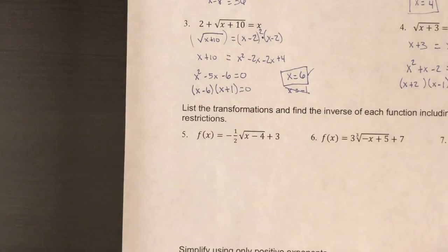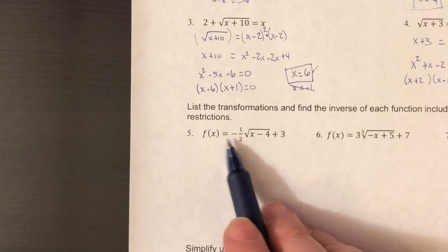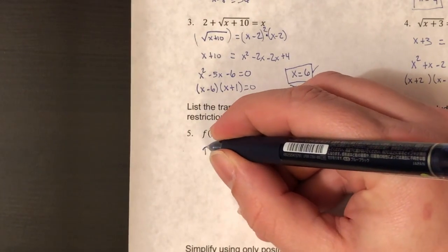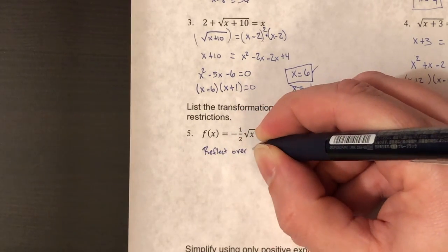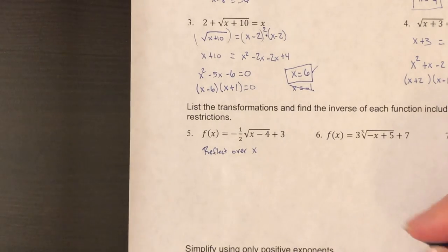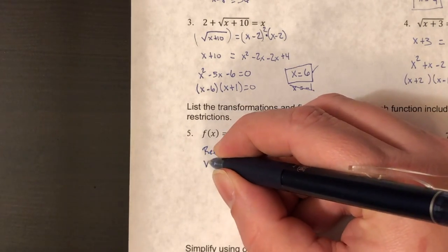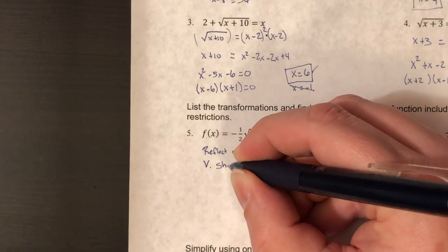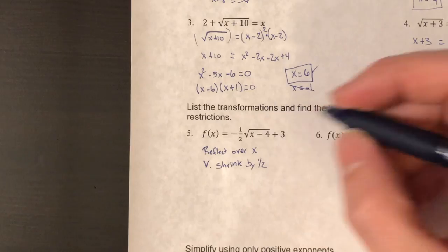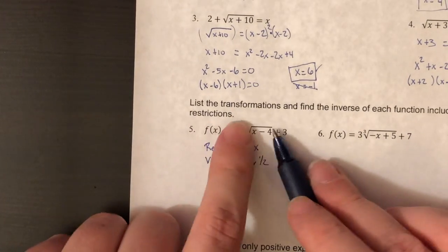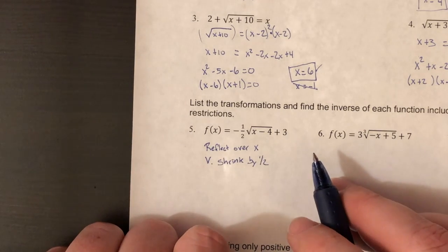So for 5, to find the transformations, this negative in front is a reflection over the x-axis. A 1/2 out in front is a vertical shrink by 1/2. Everything that is outside of the function, being this root, is going to be a vertical change.